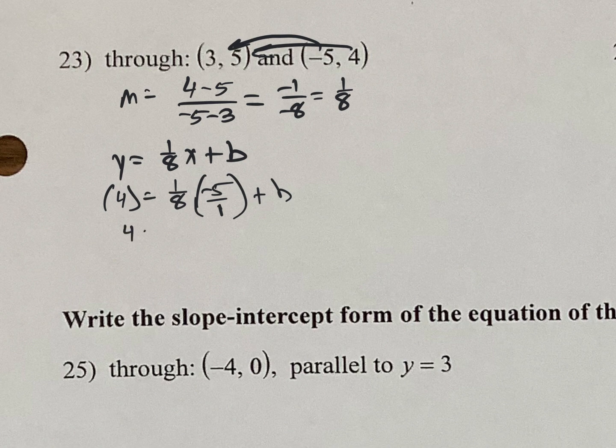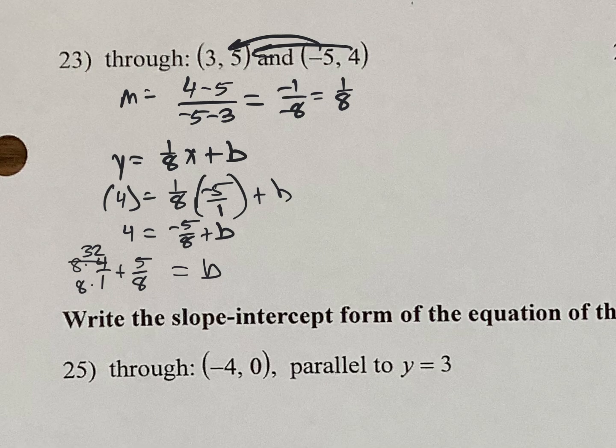All right, so 4 equals 1/8 times negative 5 over 1, which is negative 5 over 8. Now add 5/8 to the left. So you have 4 over 1 plus 5 over 8. Get a common denominator by multiplying by 8.